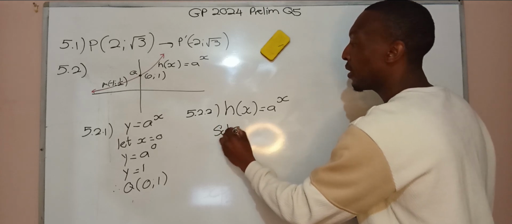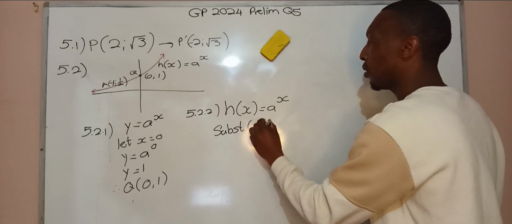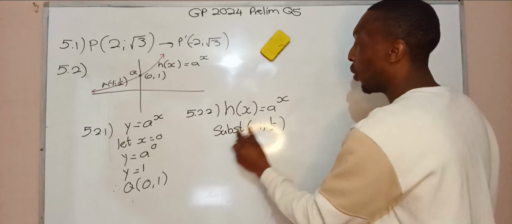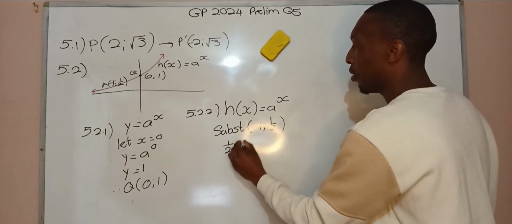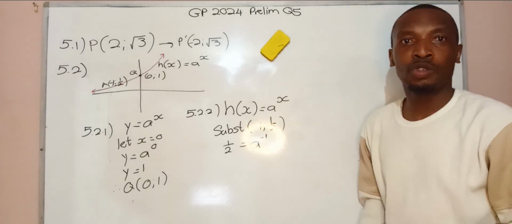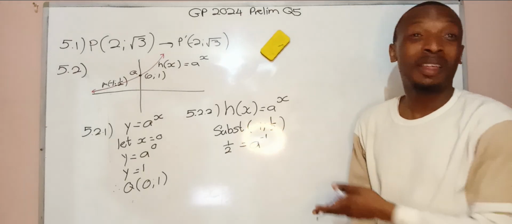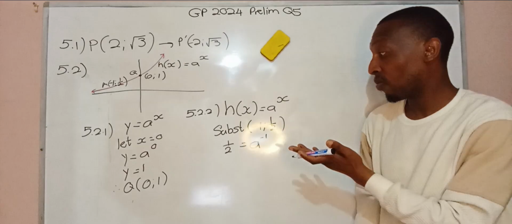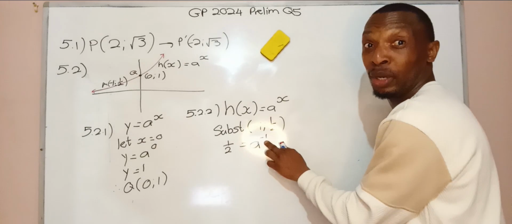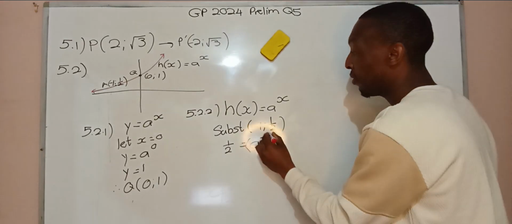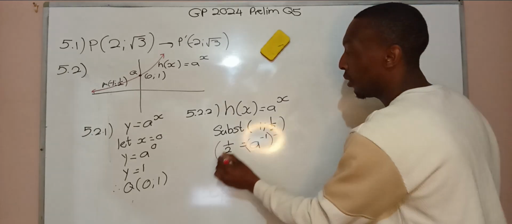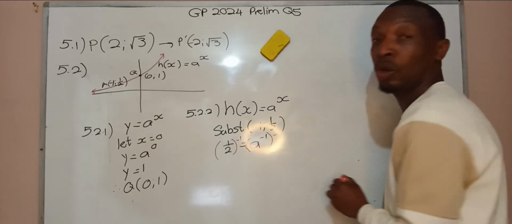So let's substitute that point. Okay. So where I see a y, I'm going to put a half. Where I see an x, I'll put a -1. And then we need to solve for a. There are various ways to do this. One of them could be to change this to a +1. So raise everything, both sides, to the power of -1, using law number 3 of exponents.